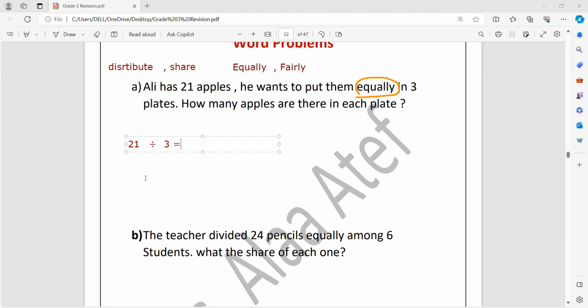So 21 divided by 3 equals. Again, how can I get the quotient? Yes, as we said, we are going to say 3 times what gives me 21. In timetable 3, we have 3 times 7. So the quotient here is 7. It means that in each plate, there will be 7 apples.